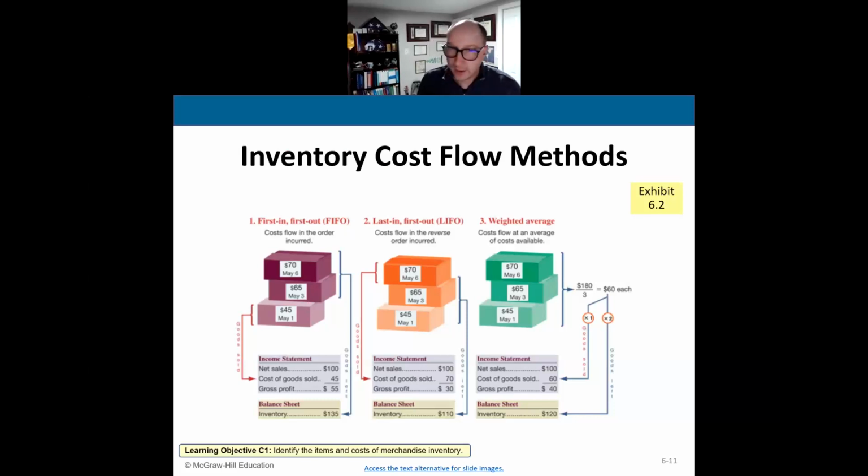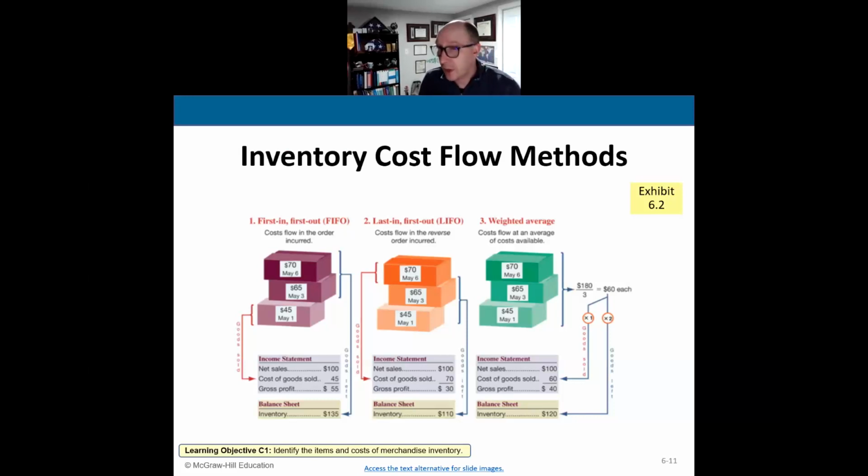And on May 6th, the store purchased an additional $70 of inventory from their vendor. It's the same product. Let's say it's a pair of shoes.